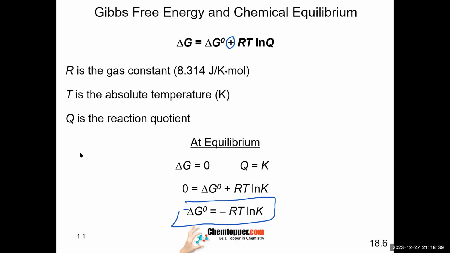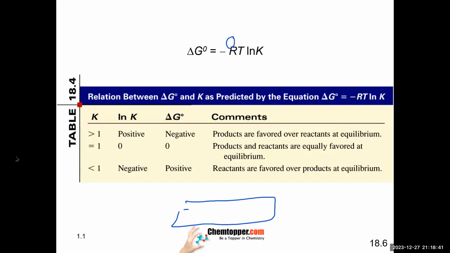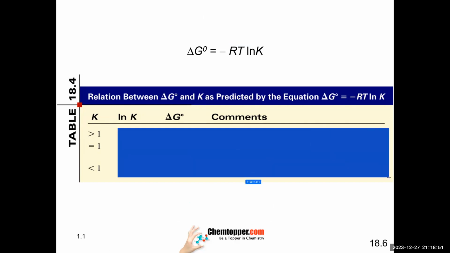Is it okay? This is the table. Ready for answering my question, children? Ready? If K is greater than 1, here, condition 1, this one, ln K will be positive or negative?